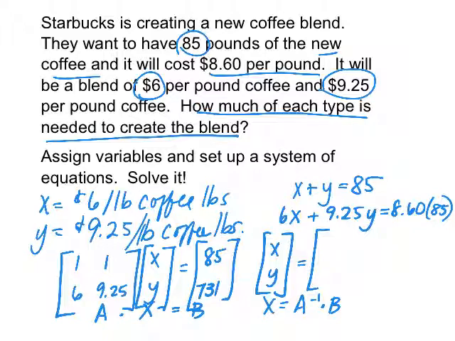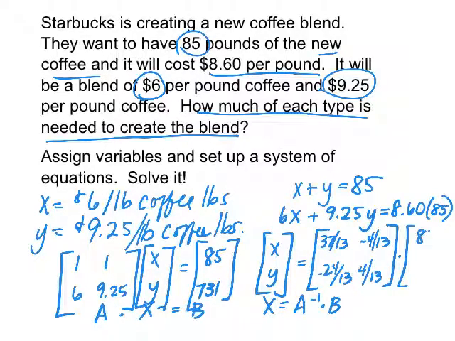And I'd also take 9.25 and turn it into 9 1/4 so that I have fractions. So here's your inverse. It's not very pretty: 37/13, negative 24/13, negative 4/13, and 4/13. And that's going to be multiplied by the solution matrix of 85, 731.